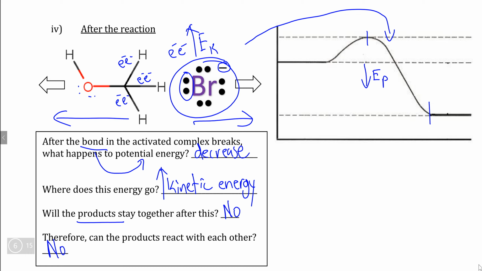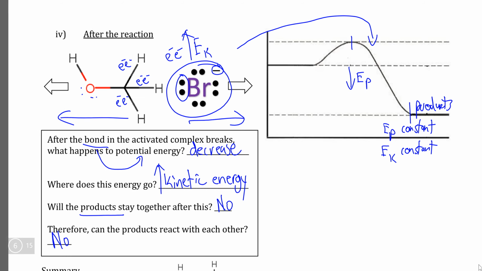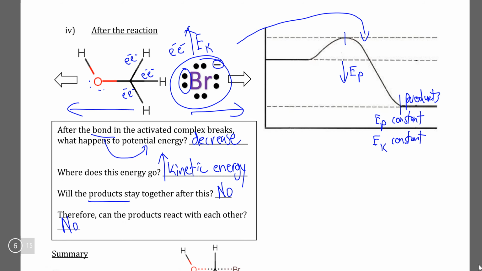And if they move away from each other, they cannot react with each other. So if the products can no longer react, that means, assuming the temperature is constant, that our potential energy stays constant because we're not breaking or reforming bonds. And assuming the temperature remains constant, our kinetic energy is going to stay constant as well, and our reaction has now finished.